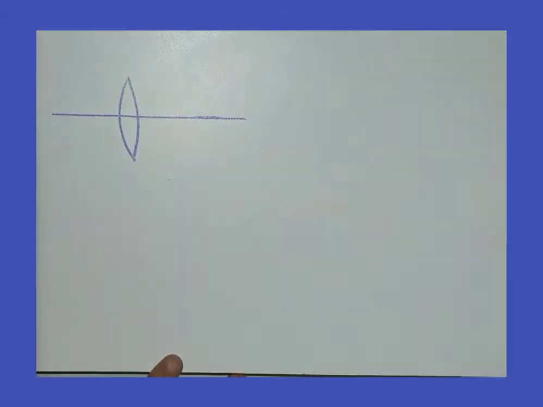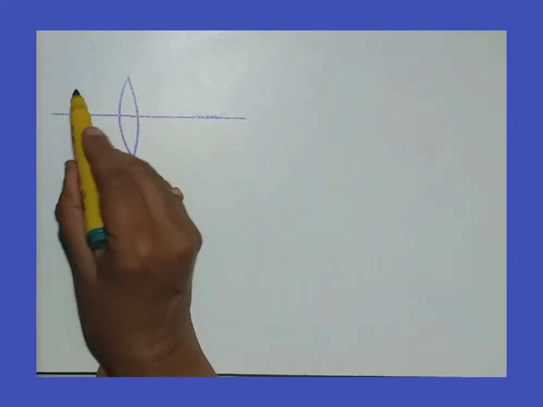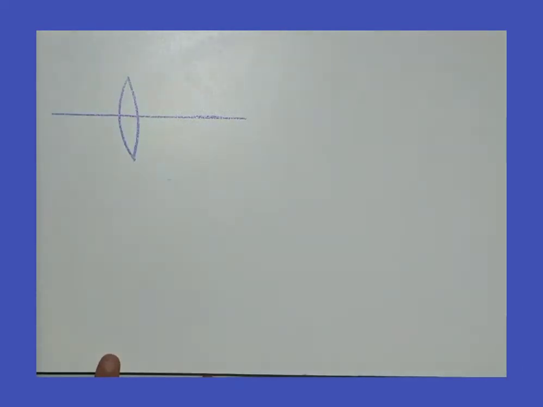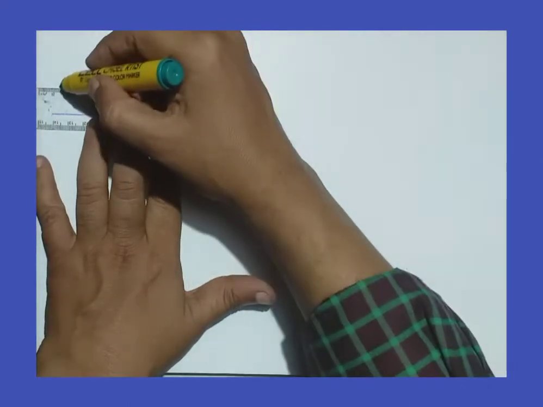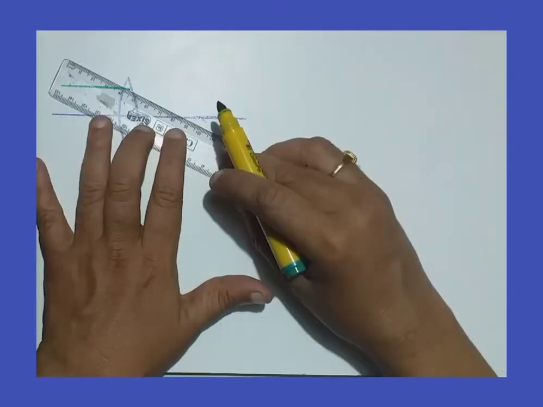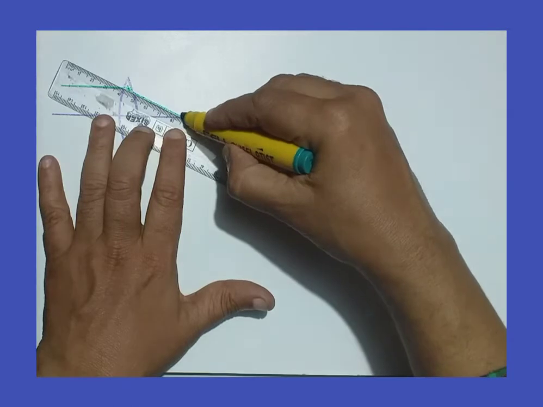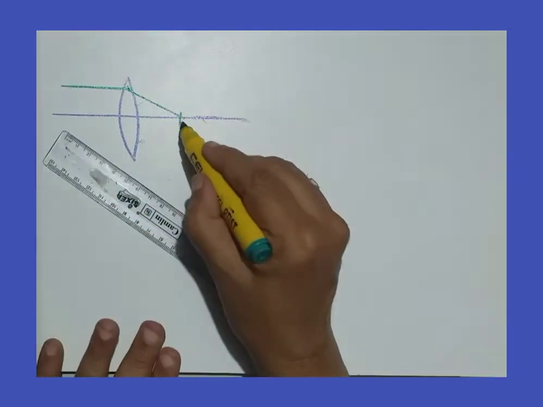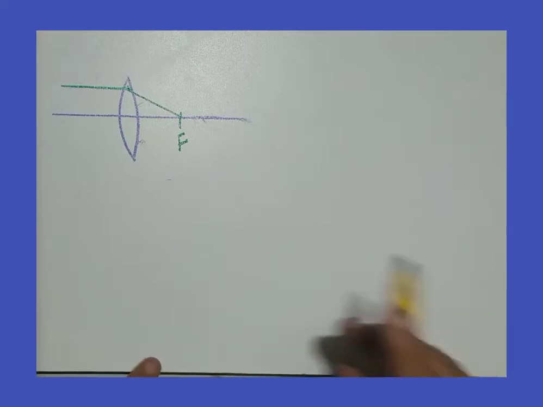And when a parallel beam of light falls on the lens, it converges to a point on the principal axis. This point where it converges is what we call the principal focus.